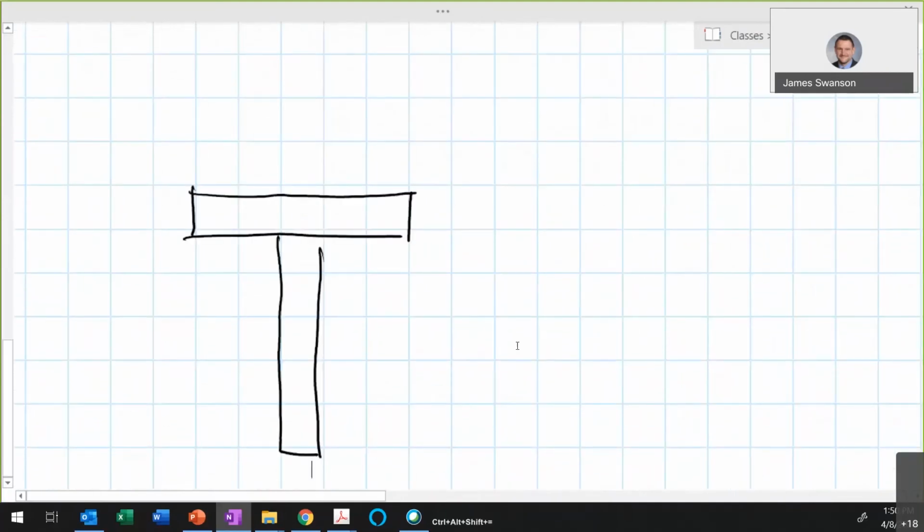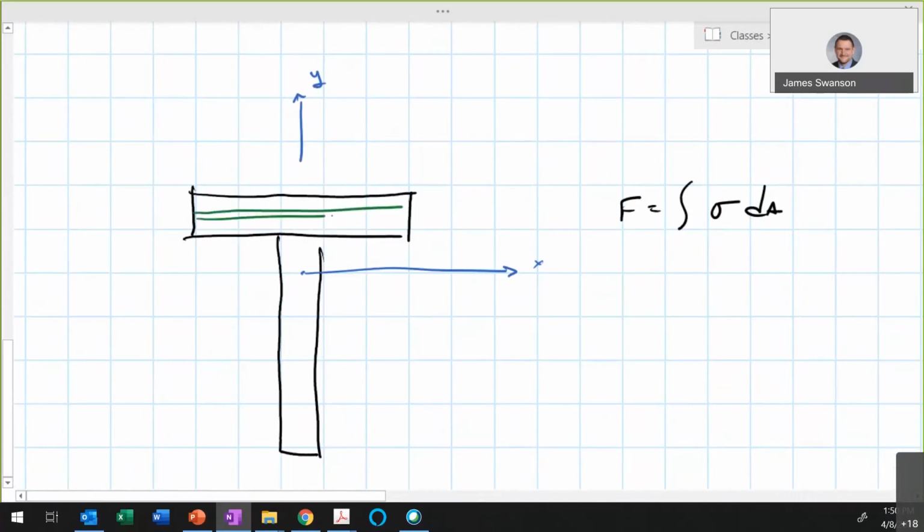So there's the x-axis again. Here's the y-axis. Now the z-axis is coming out of the plane of the page. What I can do is take the force, which is equal to the integral of the stress times dA. And then I can have a differential area dA that looks like this.